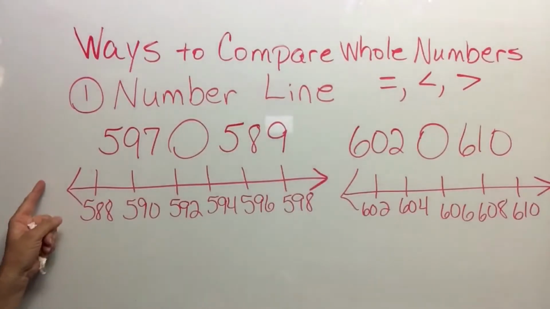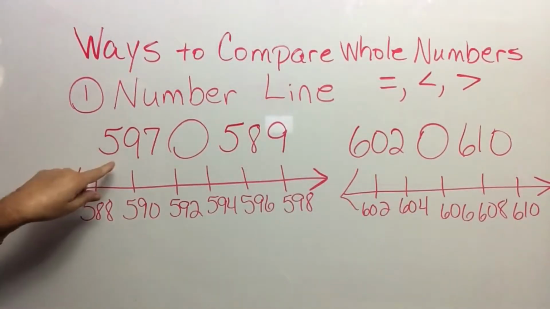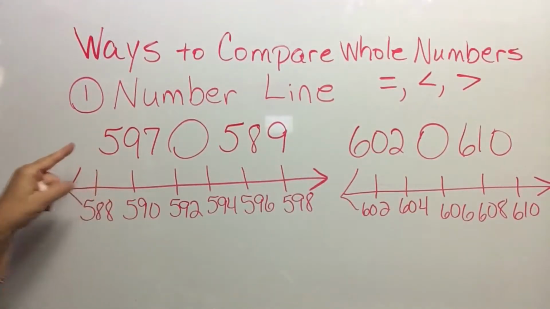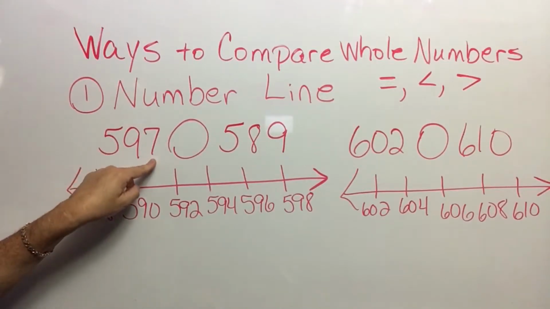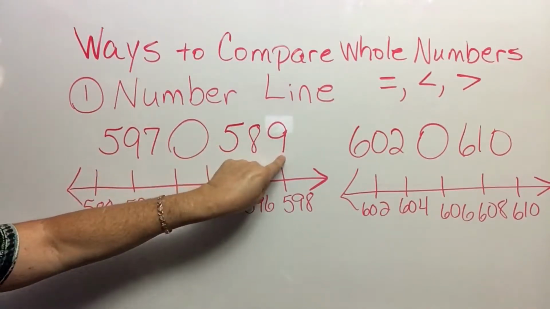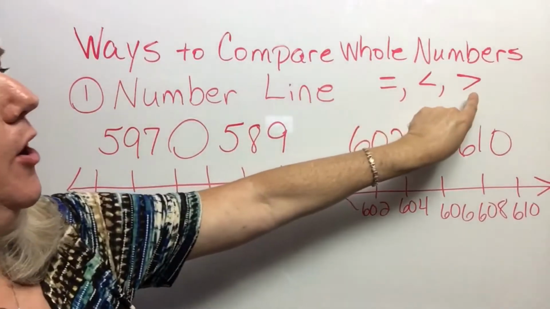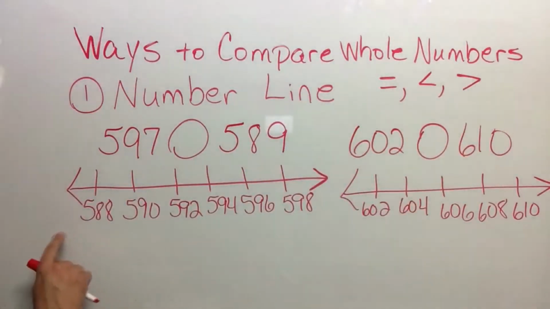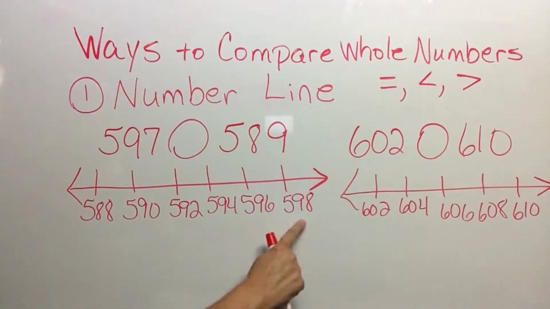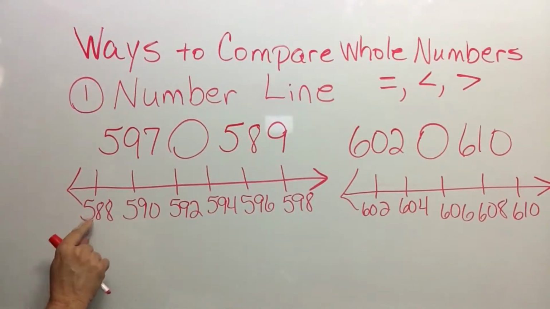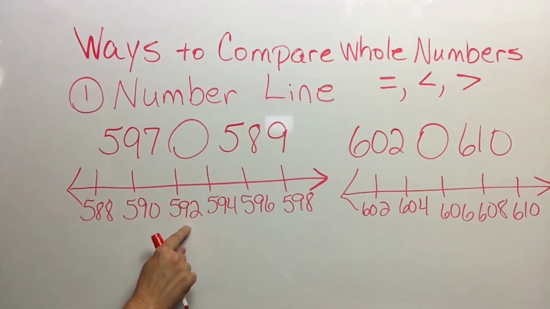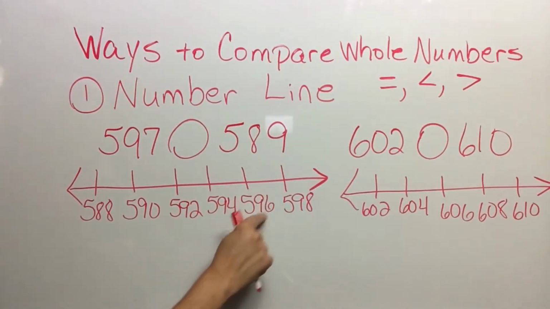Now we have two new problems on the board, and we're going to look at this one first. It says 597, 589. We need to decide if it's equal, less than, or greater than. So I have written a number line here, and I decided to count by twos: 588, 590, 592, 594, 596, 598.